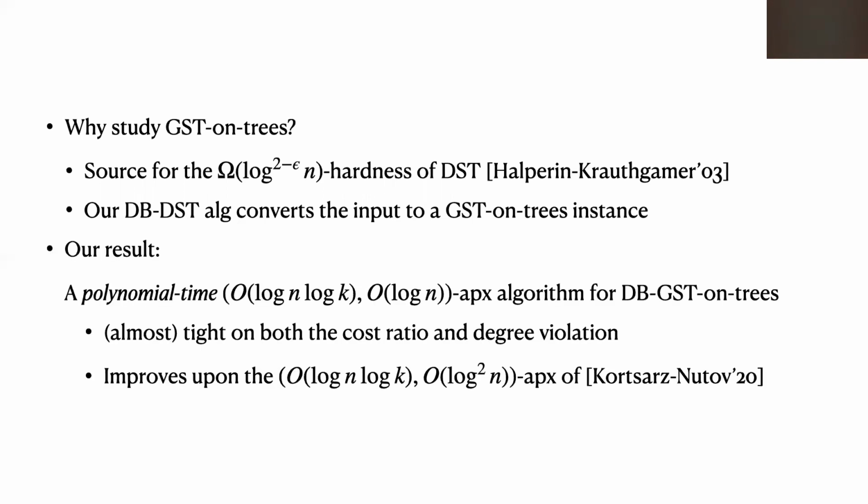Our algorithm for this problem is a polynomial time approximation algorithm, and it achieves an almost tight approximation ratio on both the cost ratio and degree violation. This result improves the previous results by Kortsarz and Nutov, and we shave a log n factor in the degree violation.